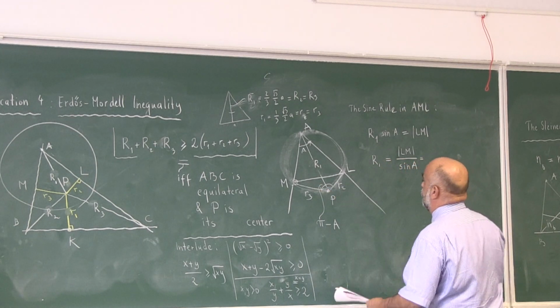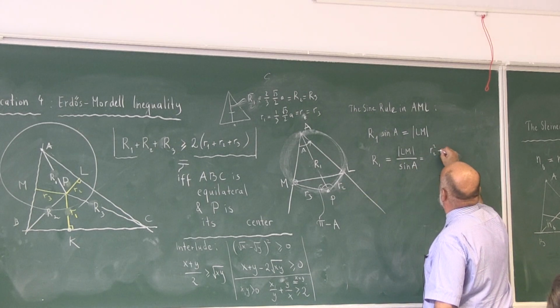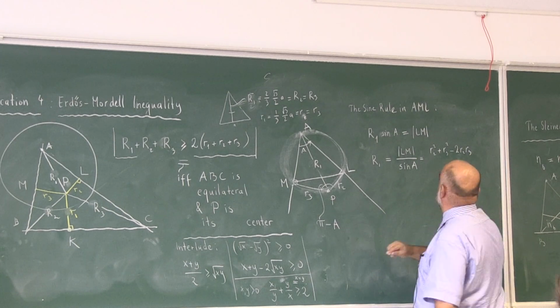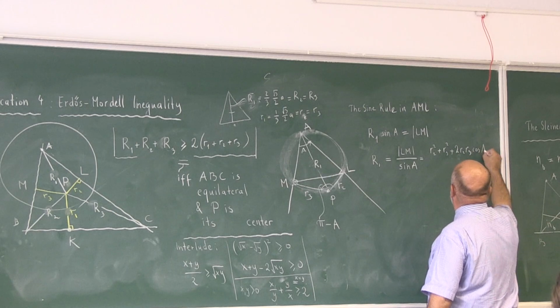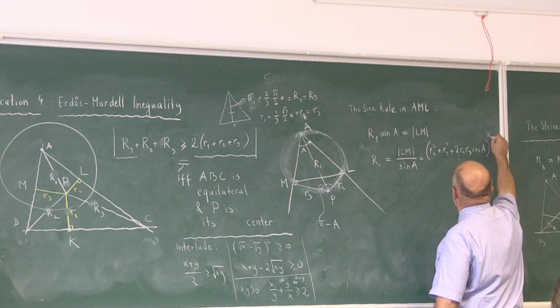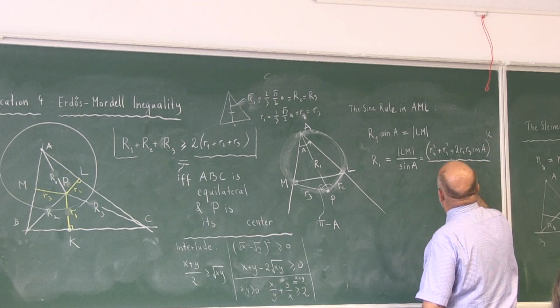Well, it is of course R2 squared plus R3 squared minus 2R2 R3 cosine pi minus A. So instead I write this as cosine A. This quantity has to be square rooted, of course, and divided by sine A. How did I obtain this?